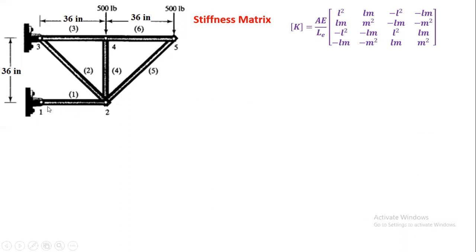For the first element, area is A, E is modulus of elasticity, length is L1, direction cosine is cos of first element, and M is the sine of first element, that is cos 0 square, cos 0 sine 0, minus cos 0 square, minus cos 0 sine 0.